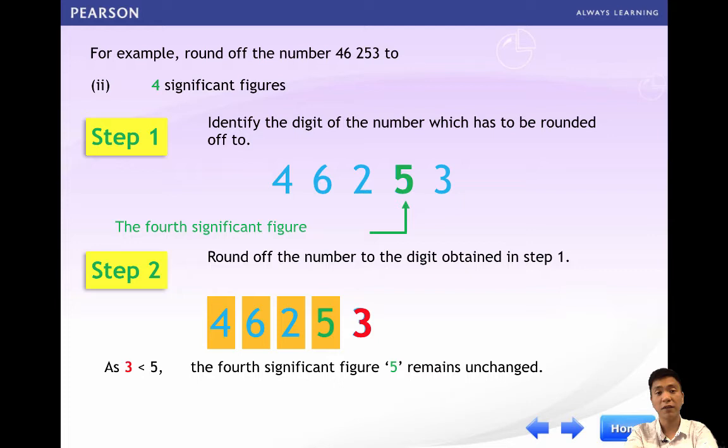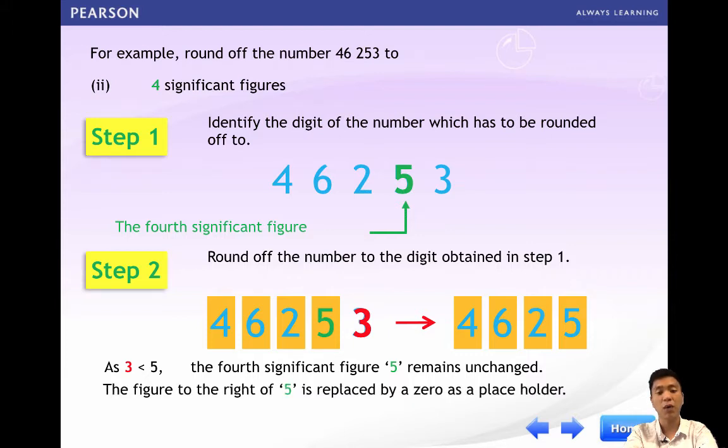As 3 is smaller than 5, we keep the digit 5 unchanged, and we place 0 after that. So this number, 46,253, when we round off to the 4th significant figure, we have 46,250.